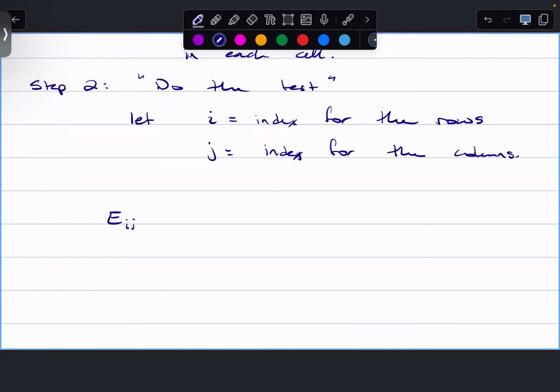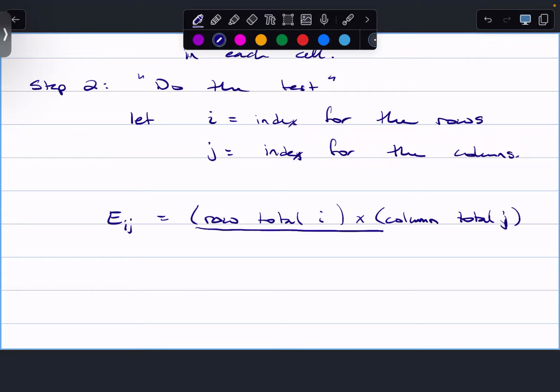We have these IJ coordinates, and I'll emphasize that there is going to be the row total of I times the column total of J divided by the grand total.